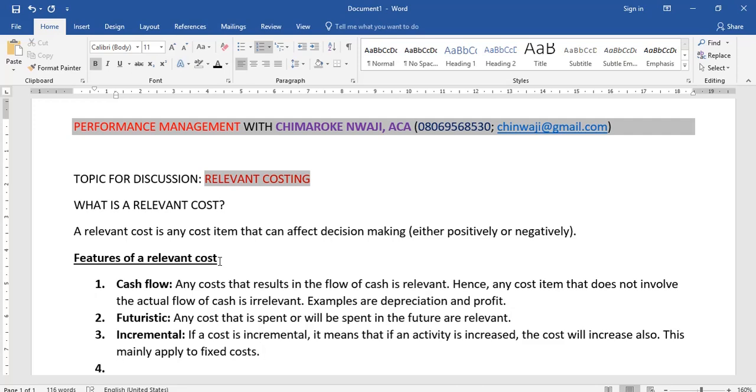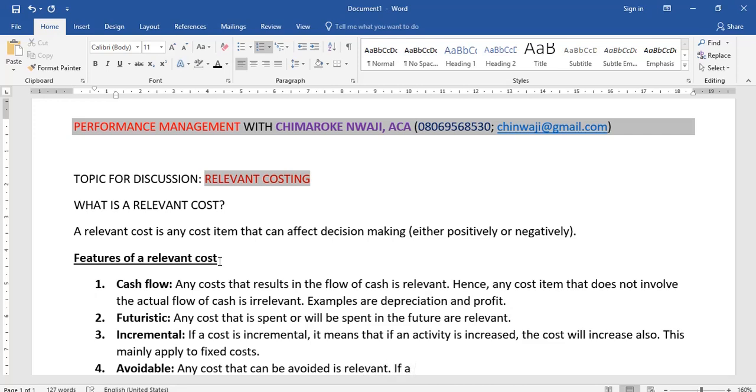Then we have avoidable. Any costs that can be avoided is relevant.